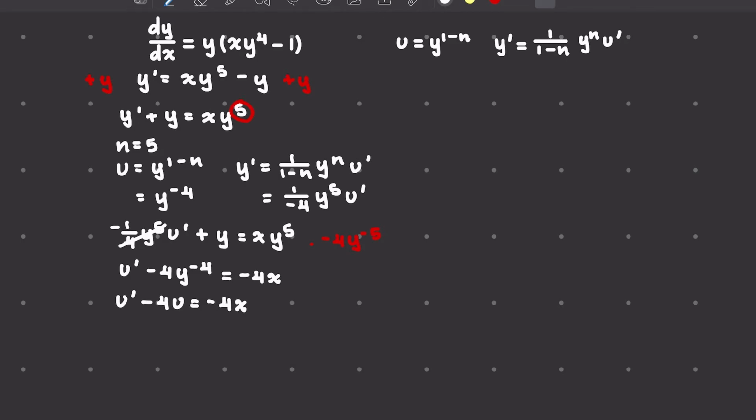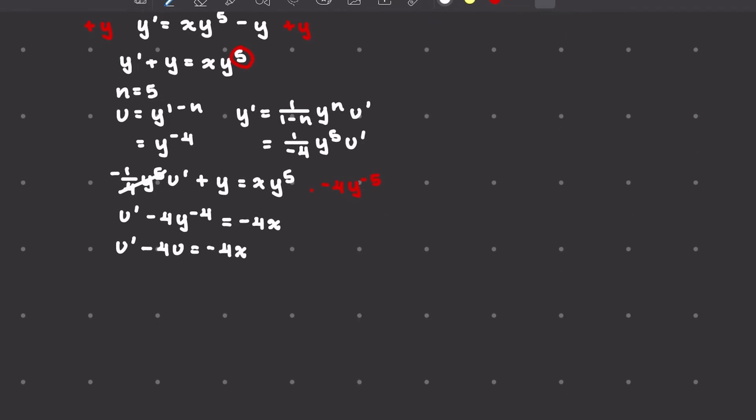From this step on, I know you all may think that this is in the form of a first order linear differential equation, and you are all correct, and we can solve for it. So let's solve this by determining our variables first, which P(x) is equal to negative 4, and Q(x) is equal to negative 4x.